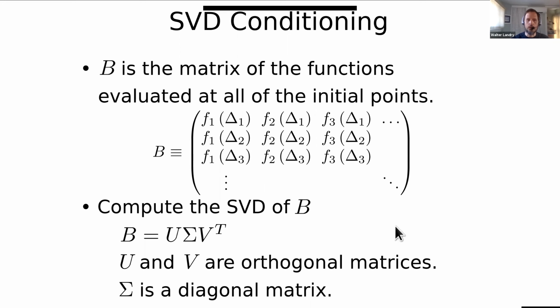We can compute the singular value decomposition of B, so you have U sigma V transpose. U and V are orthogonal matrices, and sigma is a diagonal matrix, though U and V are square and sigma is rectangular. So it's mostly 0 and there's a diagonal right at the top.